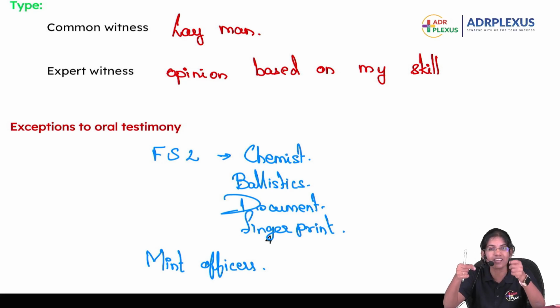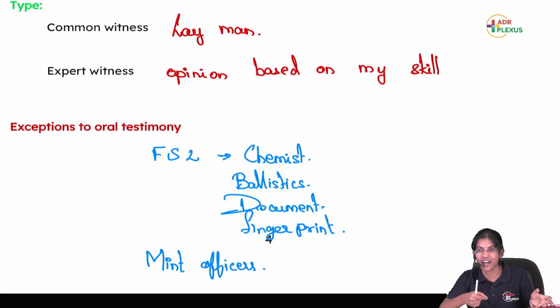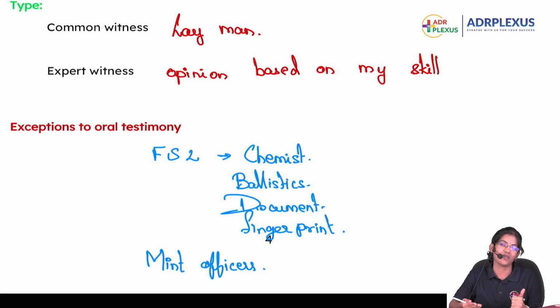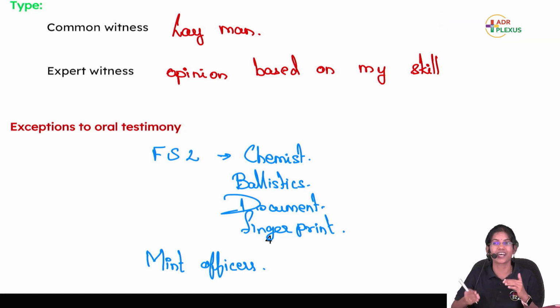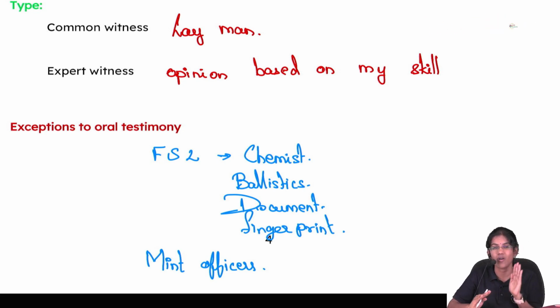A machine today gives the report as to what my water bottle contains, right? Whether I'm having the right amount of nutrient in the water, whether there's any arsenic, lead or anything. A machine is giving the report, right? Chemists, that's why they are not called. A ballistic expert is called only when there is some contrary view or the opposite party wants to ask a question. Else they are not called.